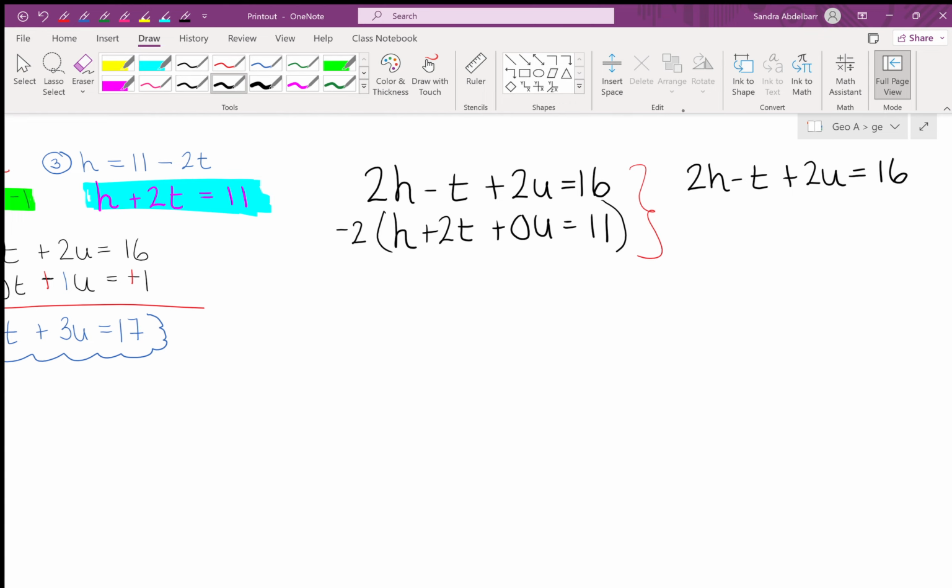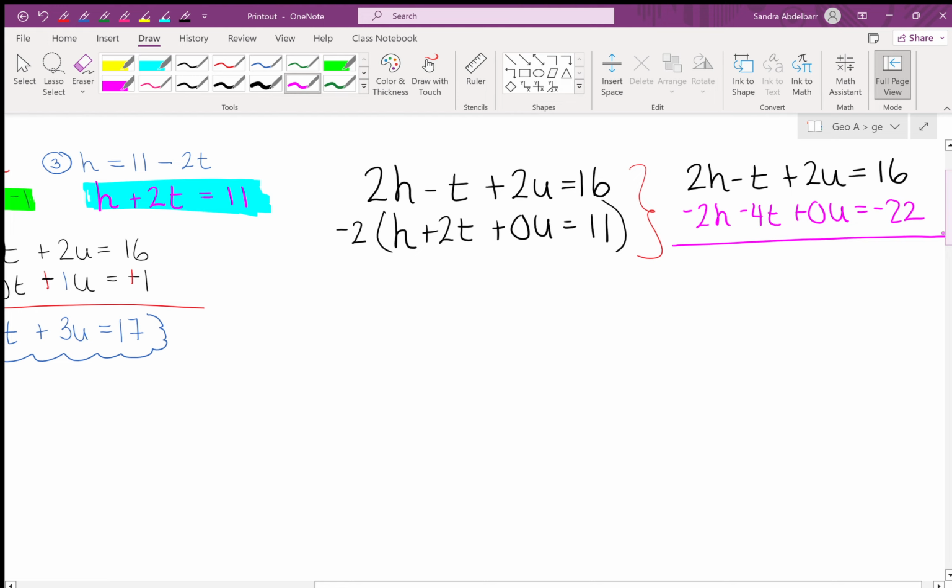And in the bottom equation, we're going to have negative 2h minus 4t plus 0u equals negative 22. And let's add. The 2 h's cancel. We get negative 5t plus 2u equals negative 6.